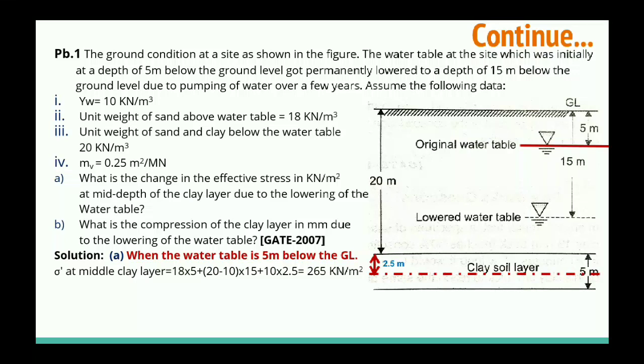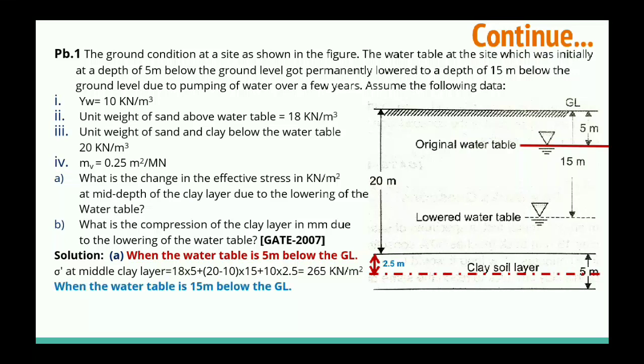So submerged unit weight and thickness is 15 meters. So we can write (20 minus 10) into 15 plus, the next layer of clay, height of clay layer is 2.5 meters into 10, meaning this is 20 minus 10, we got 10. By adding all these values, we get 265 kilonewton per meter square.